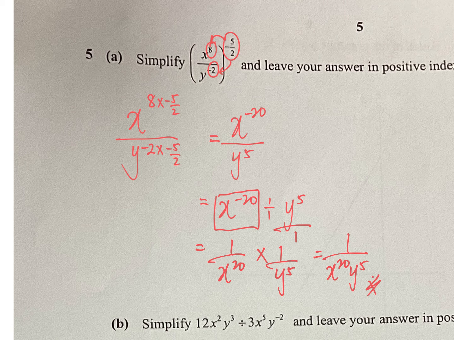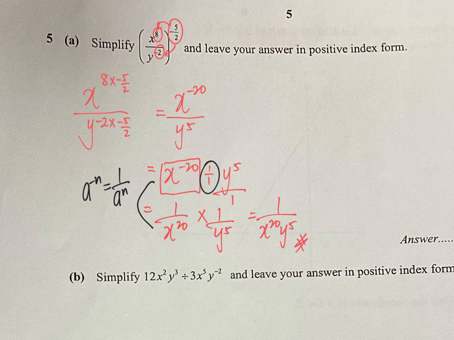Huh? So why you flip the y? Why I flip? The divide means I keep change flip, remember? So this one to this one is actually using this rule. Sure, but double flip? Okay, so this is method 1. For those of you who prefer this, you can do this.